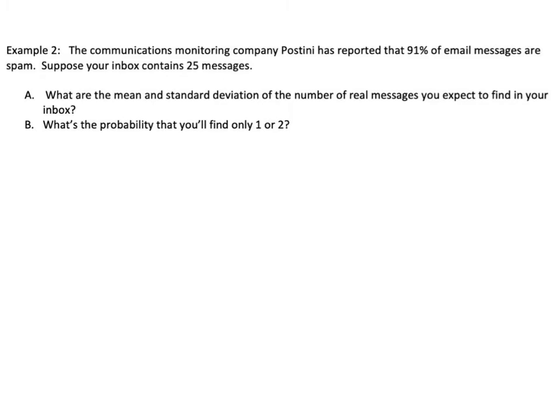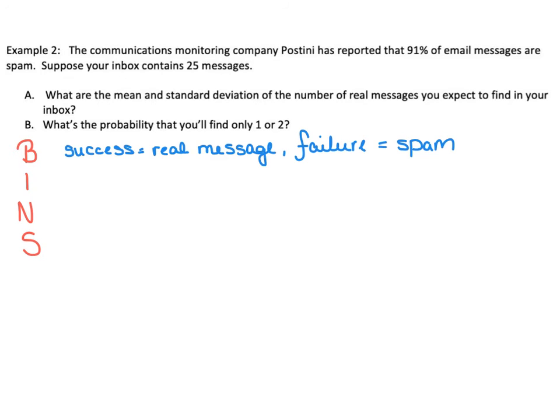Okay, so I see a fixed number of trials. That fixed number of 25 signals to my mind that I am looking at a binomial model. So let's prove it first by checking our conditions. So this is binary. A success I'm going to define as a real message, and a failure would be getting spam.